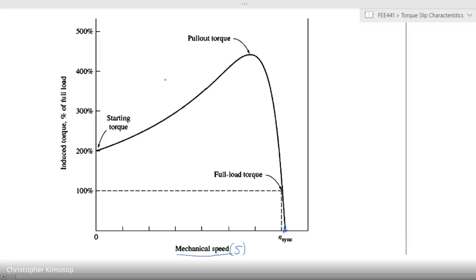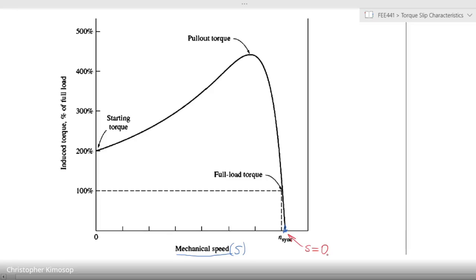At that point, we have the speed, or the slip, sorry, is equal to 0. What does that mean?